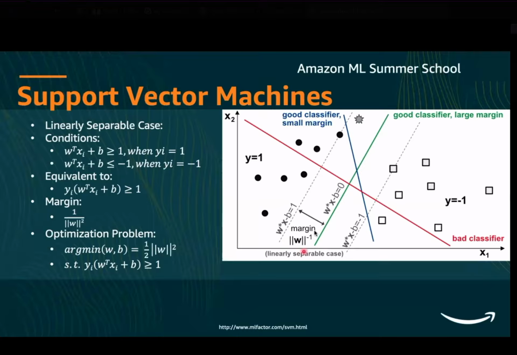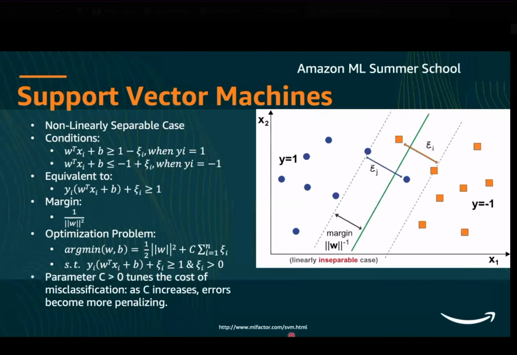Maximizing this inverse function is equivalent to minimizing the opposite, which is minimizing half norm w squared, under the constraint that the samples of class 1 should be above this and the samples of class -1 should be below this. Hence you get w transpose xi plus b equal to 0 once you solve this problem, as the SVM model.